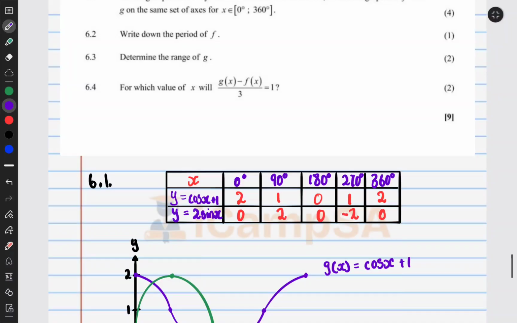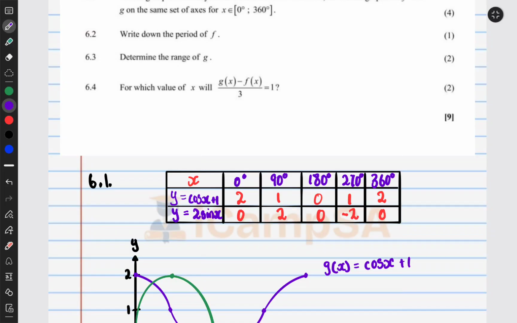Okay, and then for 6.4, for which value of x will g at x minus f at x, divided by 3, equal 1?